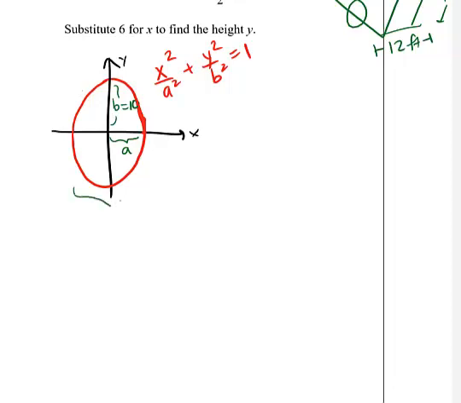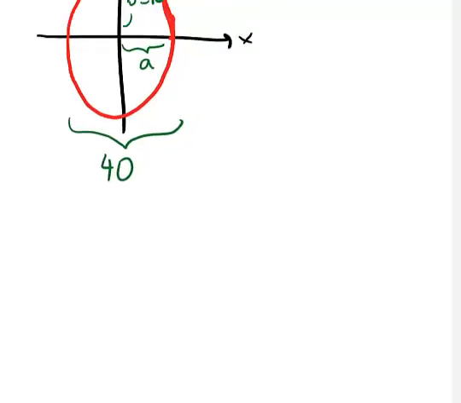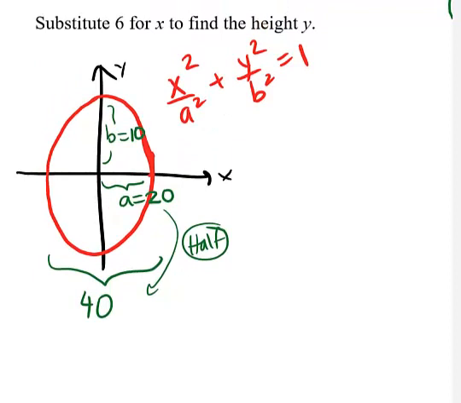The value of a is from the center to the outside, so a should be half of that, or 20. The height of the archway is only from the center to the top, because it's a semi-elliptical archway, only the top half of an ellipse.